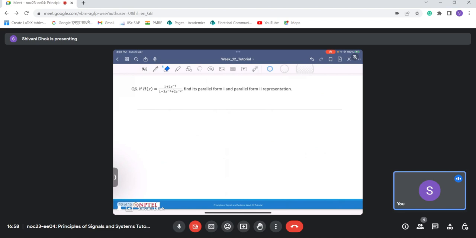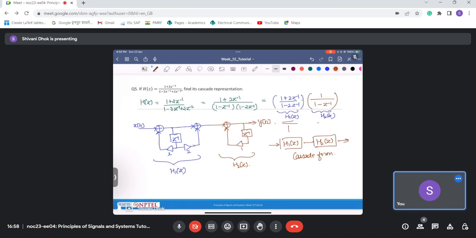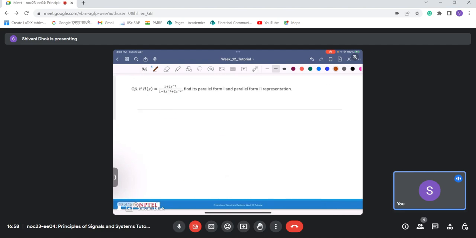After that, the next part is parallel form 1 and parallel form 2. Similar to the cascade system, suppose I have some blocks which are available to me in this form. I can cascade them. Similarly, I can have a parallel representation which goes something like this and add all of them by using an adder block.